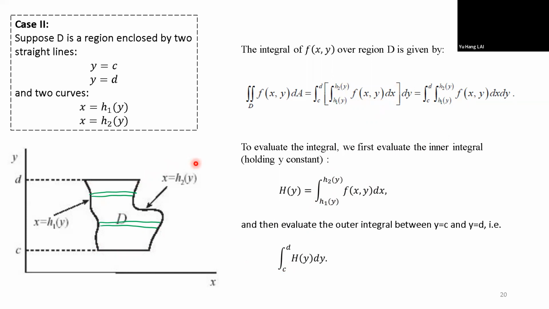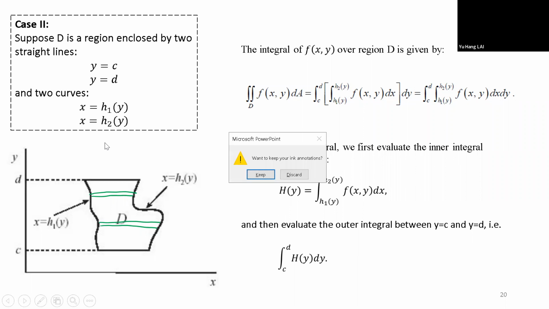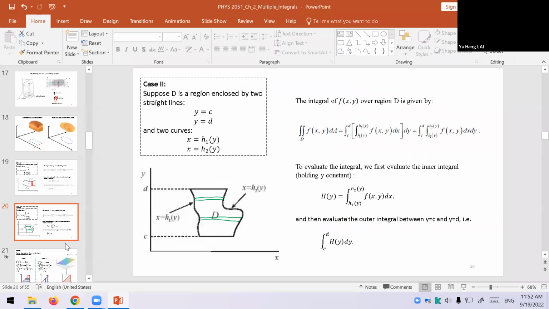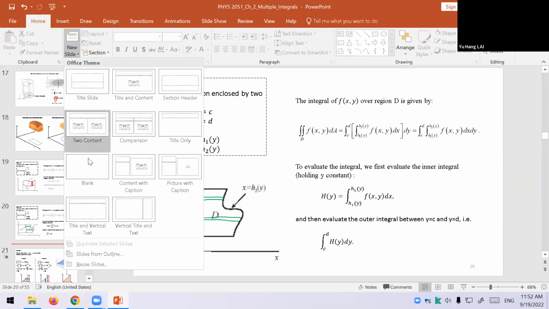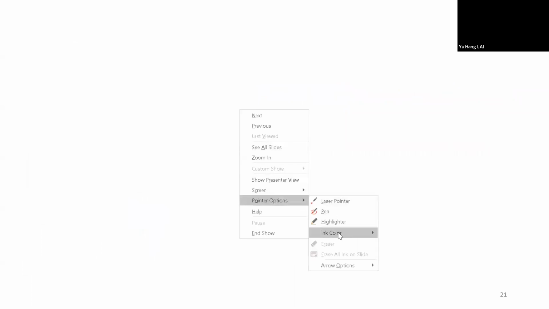So let me give you one more example to actually show how the functions look. Let me just add one blank slide. Suppose my integration region is like this.